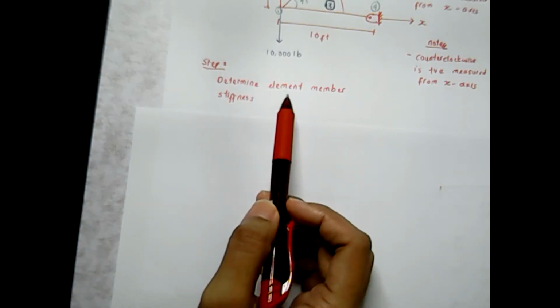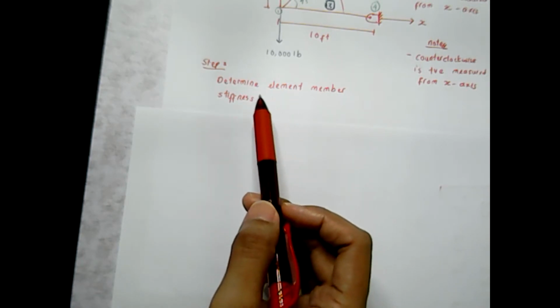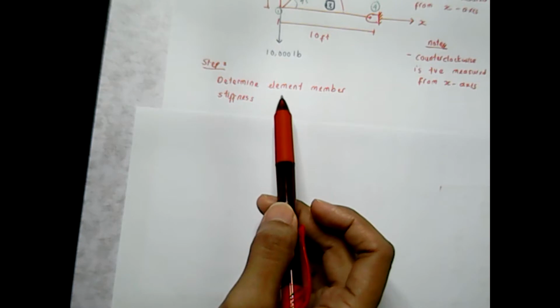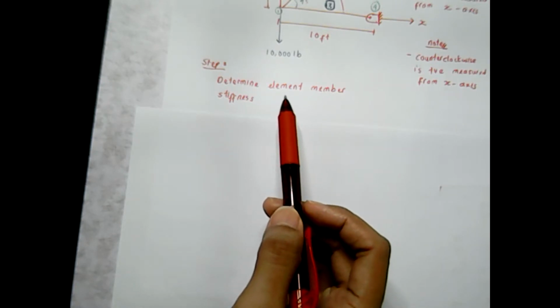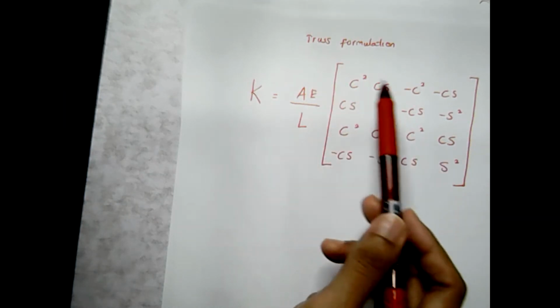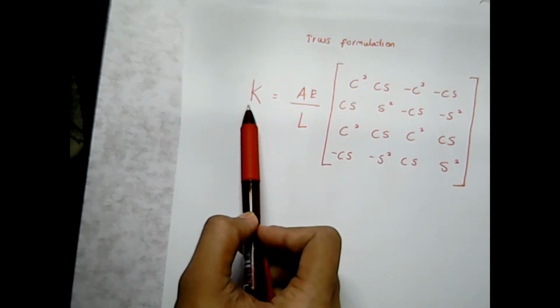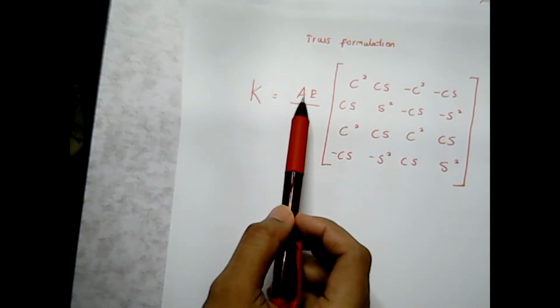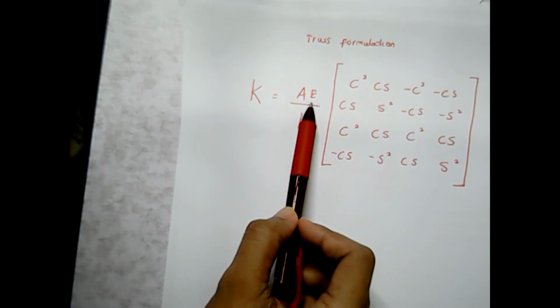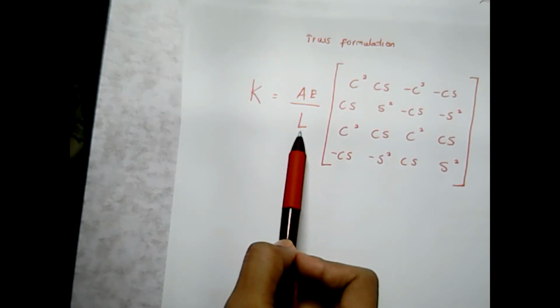Step 2 is to determine the element member stiffness. The question is, how are you going to determine the element member stiffness? For truss, the element member stiffness is given by these equations, meaning that k, the stiffness, is equivalent to the area multiplied by the modulus of elasticity divided by the length of the member of the truss.